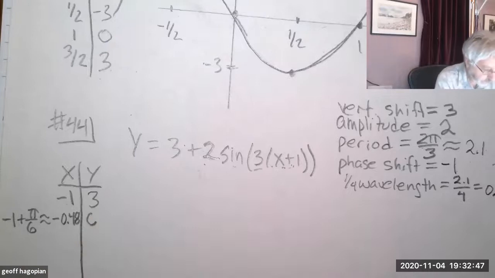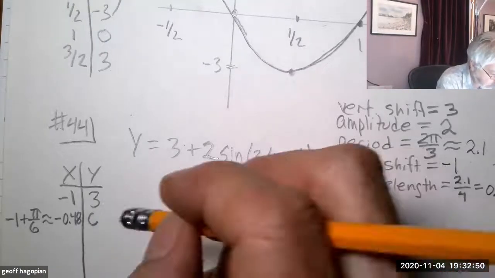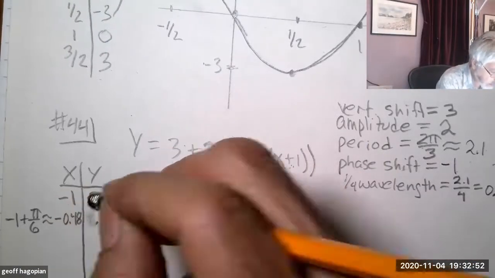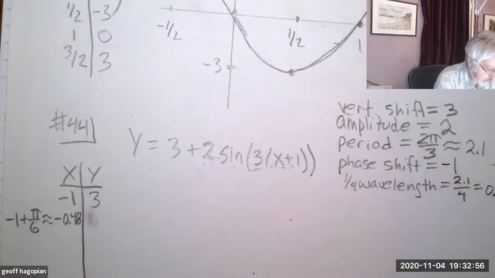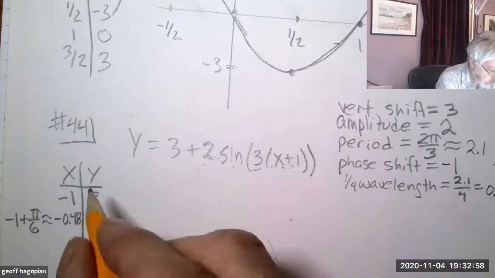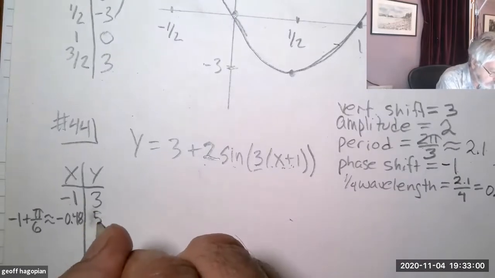Oh, sorry, where this is a sine curve, right? So we're going to be at a peak. So that's 3 plus 2 is 5.